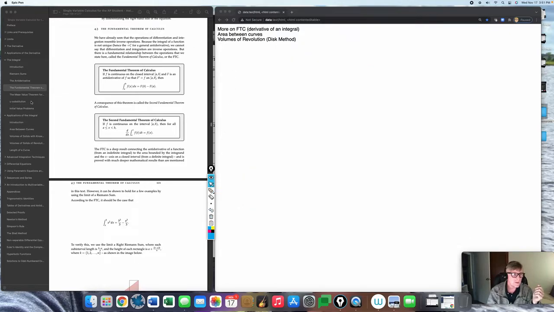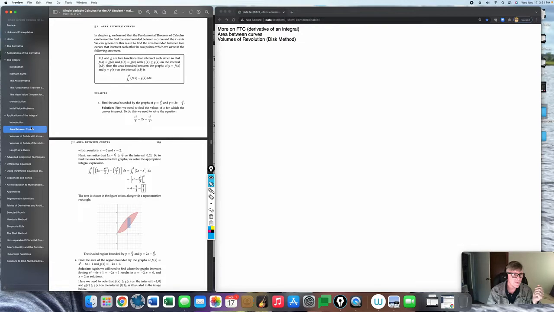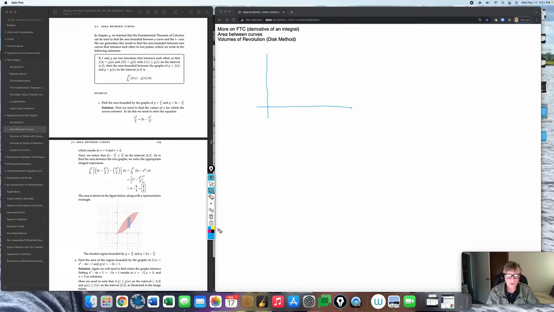So the next thing we're going to do is find the area between curves. Let's say there are two curves, and we want to look at the graphs of these two curves on the same interval. We'll pick an arbitrary interval from a to b, and one curve is strictly greater than the other.